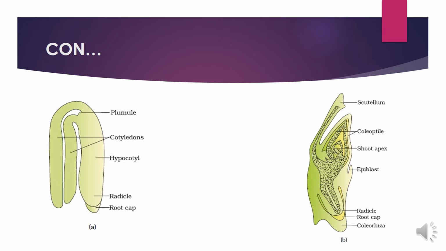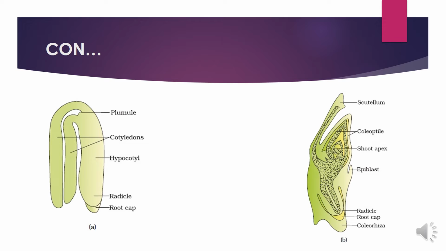Now next is a typical dicotyledonous embryo. You can see in diagram A, it consists of an embryonal axis and two cotyledons. The portion of the embryonal axis above the level of cotyledons is the epicotyl, which terminates with the plumule or stem tip.